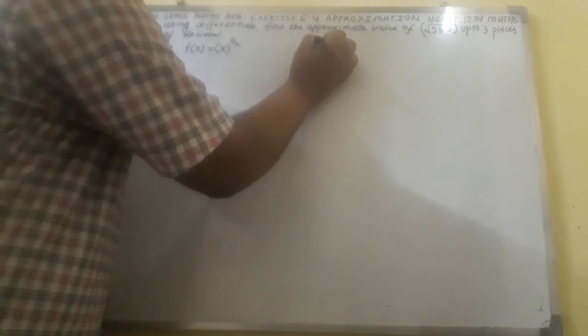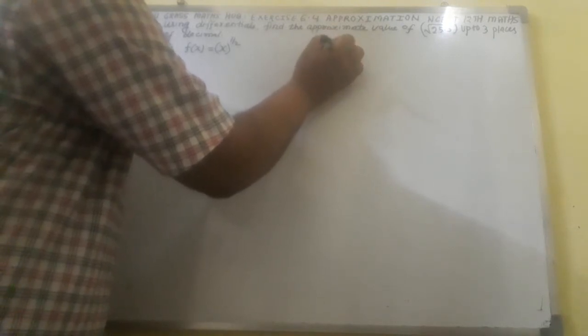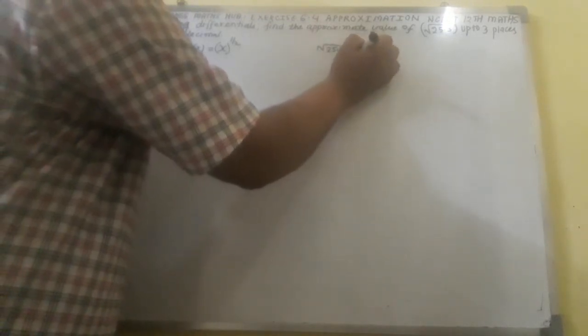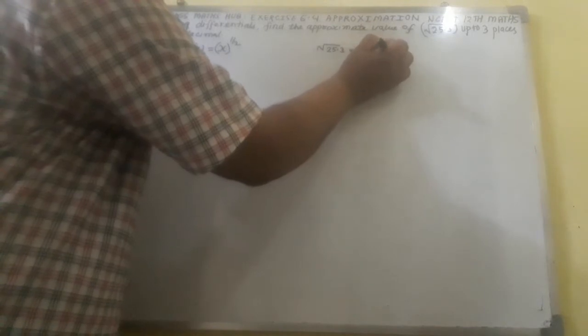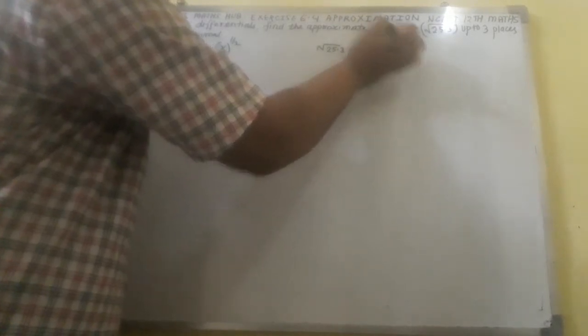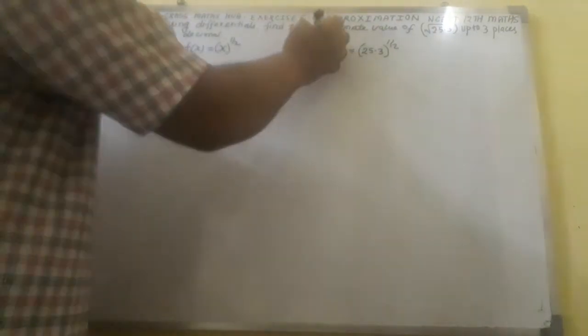Here you can see under root 25.3 can be written as 25.3 raised to the power 1 over 2.